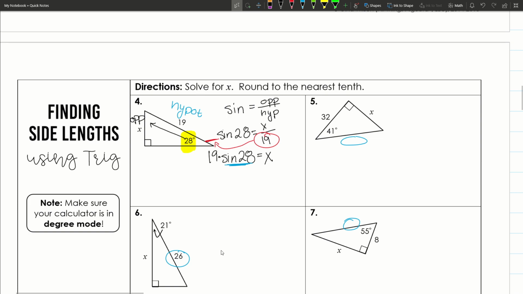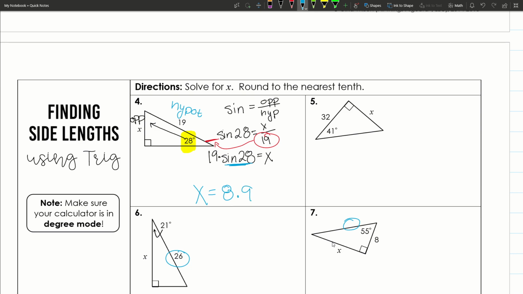So we would hit 28 and then the sine button. And it gives me this big long decimal. And then we will multiply by 19. So I would hit times 19, and I get 8.9. So x equals 8.9.